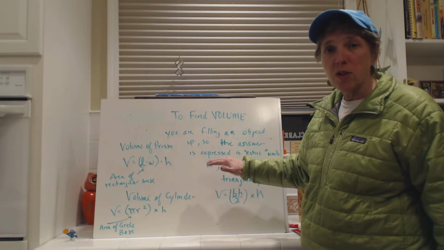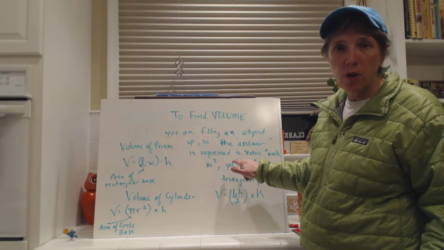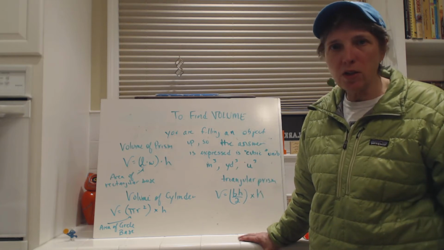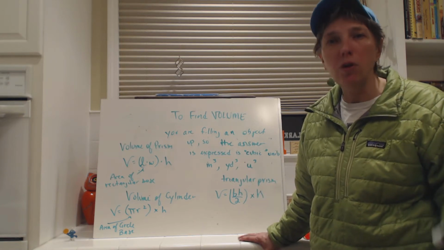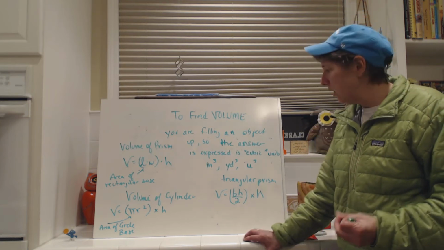So it's expressed as cubic inches, inches cubed, yards cubed, cubic yards. And if I don't give you any units, you can't just leave it blank. You have to put units cubed or cubic units, because you don't know what unit they're talking about.